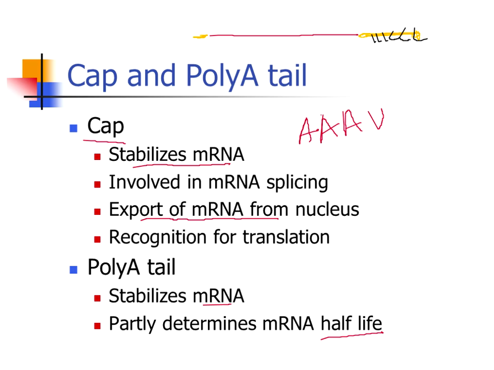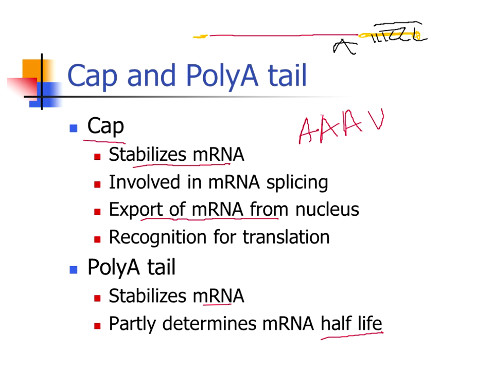So over the length of the messenger RNA, the tail keeps getting shorter and shorter as the messenger RNA ages, right? And at some point it becomes so short that the RNA becomes vulnerable to degradation, and it in fact degrades, right?